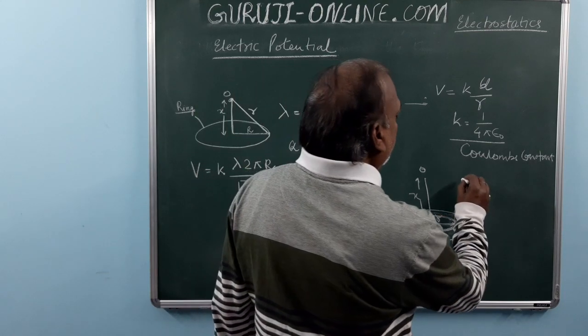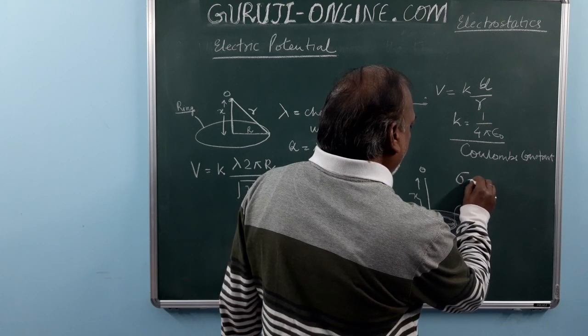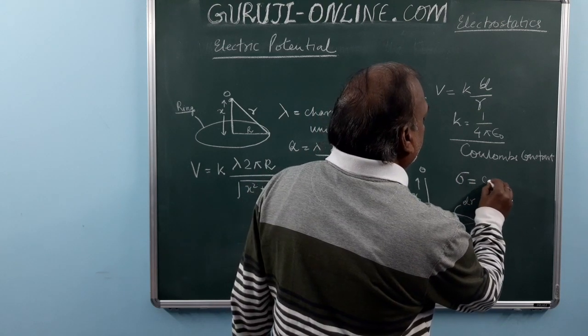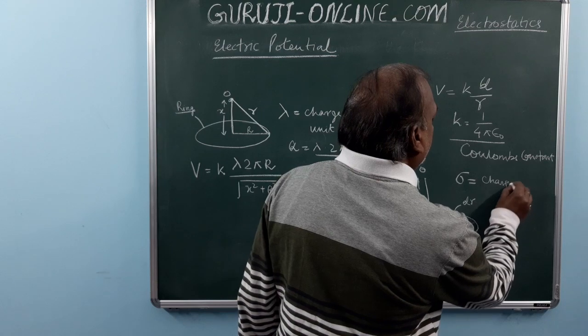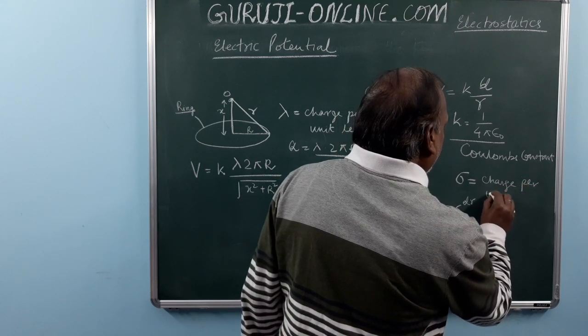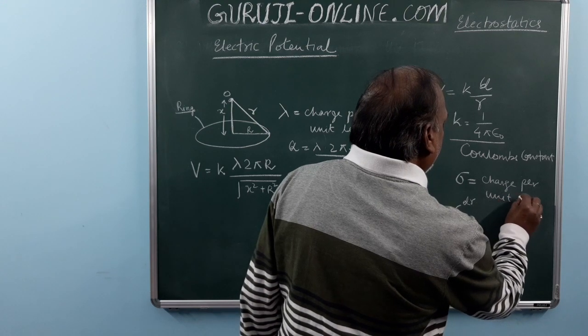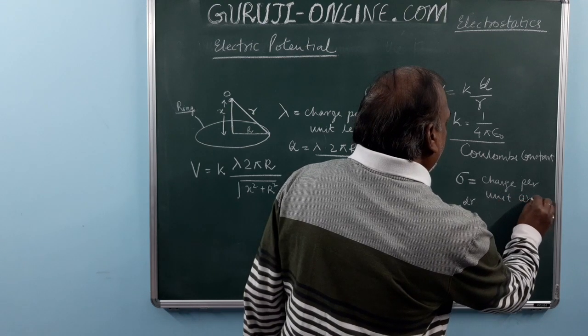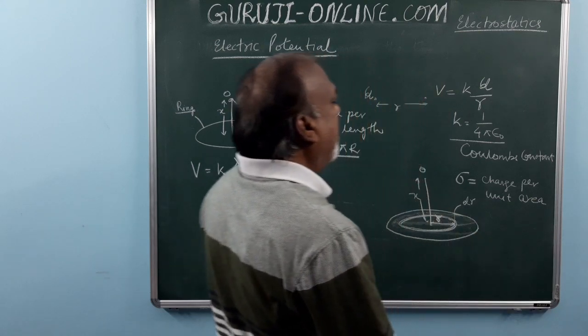And here your sigma is charge per unit area.